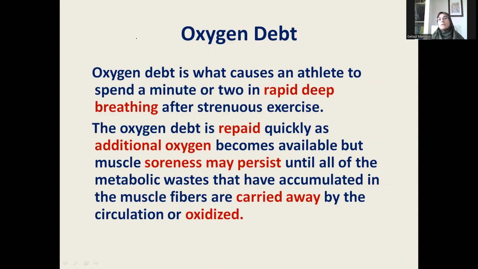So the oxygen debt is what causes the athlete to spend a minute or two having rapid deep breathing after strenuous exercise, meaning that in the latest stages of a strenuous or very exhausting muscle exercise, the muscle was breaking down glucose anaerobically. So ATP was very scanty in the muscle cell, and lactic acid was accumulating.